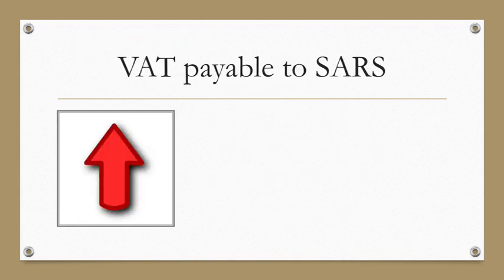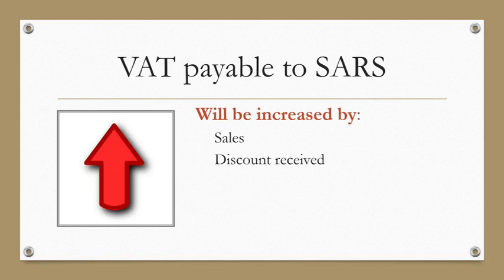Amounts that will increase the amount payable to SARS. In these activities, we just want to calculate how much money is payable to SARS or how much money SARS owes us. So which items will increase the amount payable to SARS? Sales. When we sell, we charge output VAT. We must pay it over to SARS because it belongs to SARS.